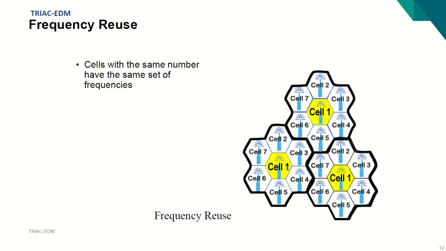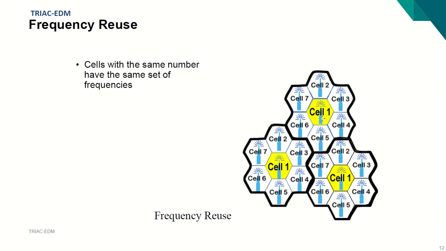For example, this cell number 1 is using the same set of frequencies. The reason is that those cells are considered far enough apart, so we reuse it and expect little or no interference.